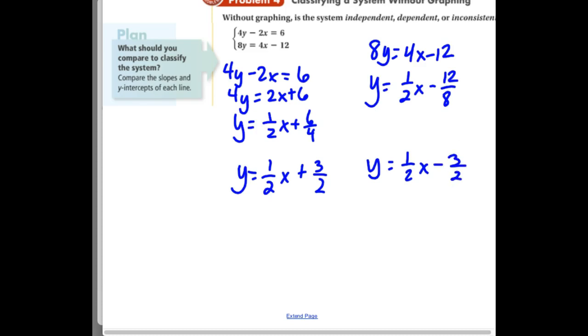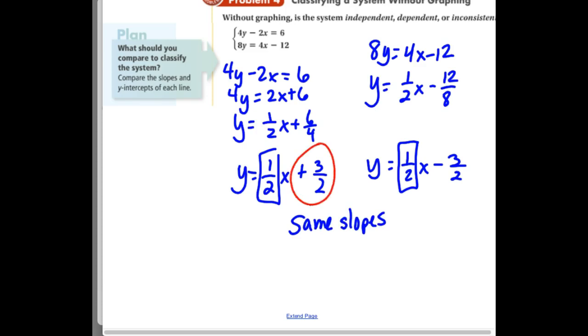All right, so analyzing them, they have the same slopes. But the y-intercepts are different. This one is at a positive 3/2. This one is at a negative 3/2.